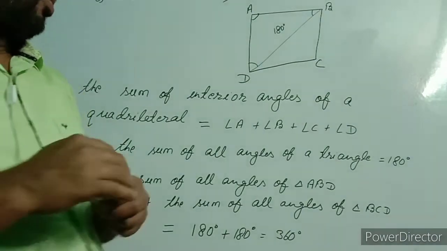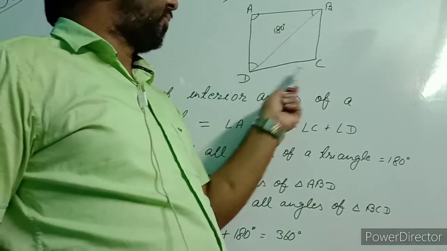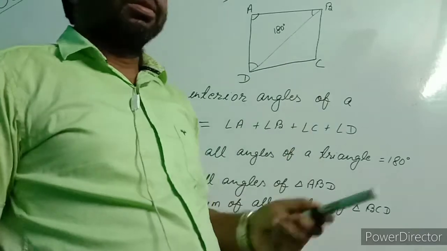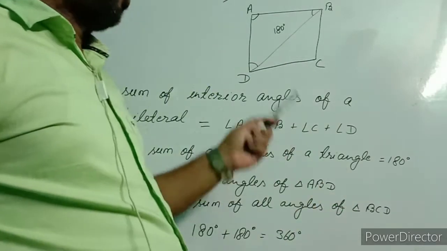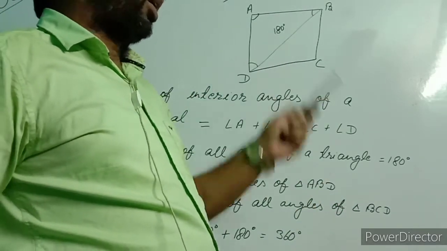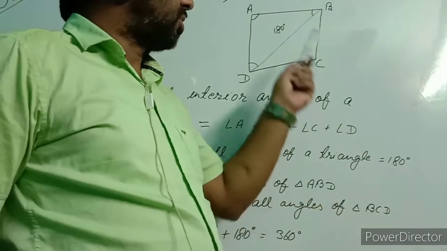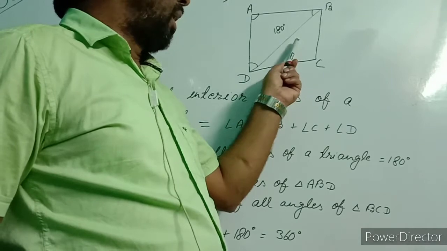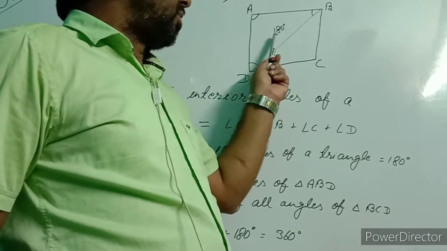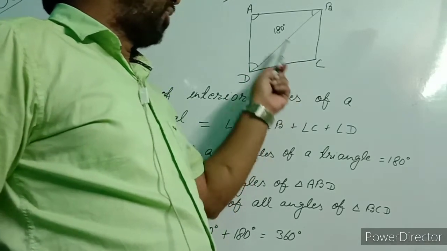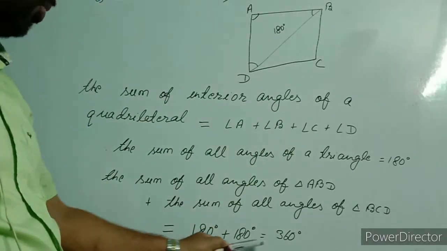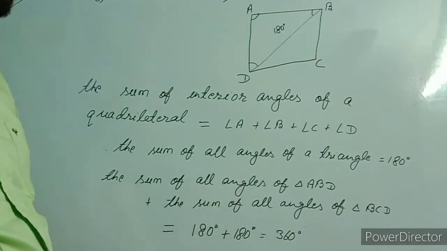Since we had divided this quadrilateral into two triangles and the sum of all angles of a triangle equal to 180 degree, there are two triangles, so the total sum of angles of these two triangles became 180 degree plus 180 degree equal to 360 degree.